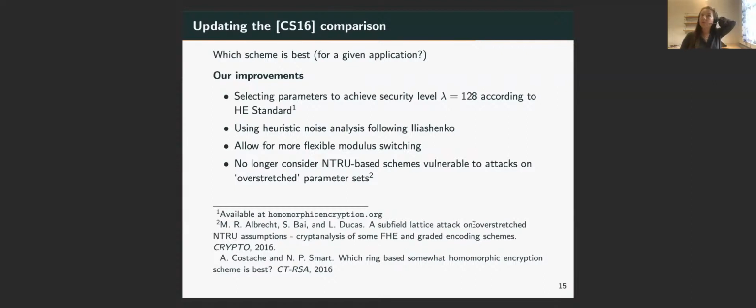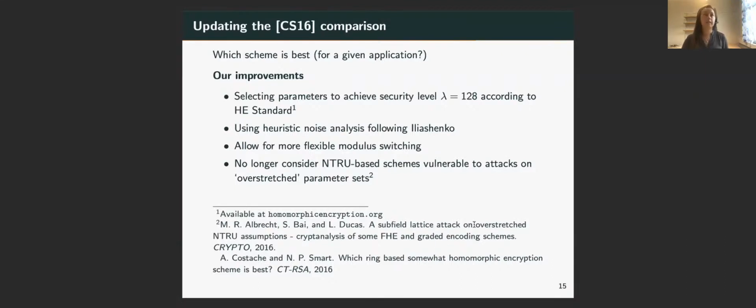Now, first of all, the schemes YASHE and NTRU have been shown since the CS16 paper to be vulnerable to attacks on what are called overstretched parameter sets, which were the relevant parameter sets in that paper. And also, according to the HE standards, we now aim for 128 bits of security, not 80.